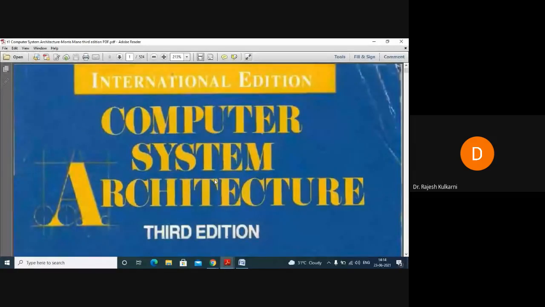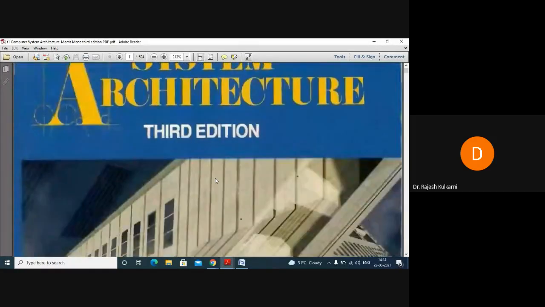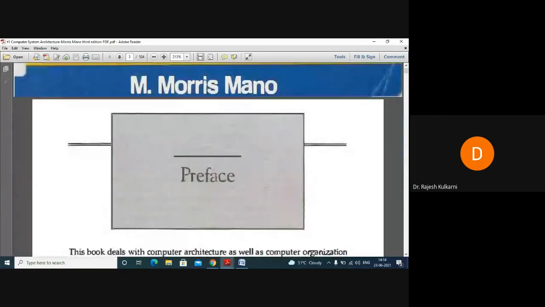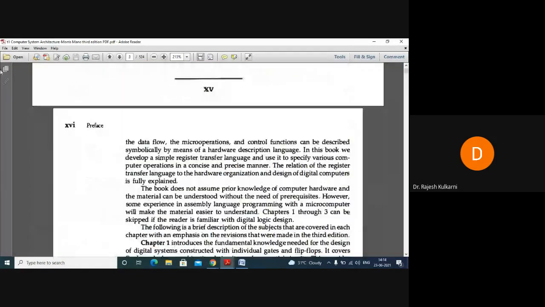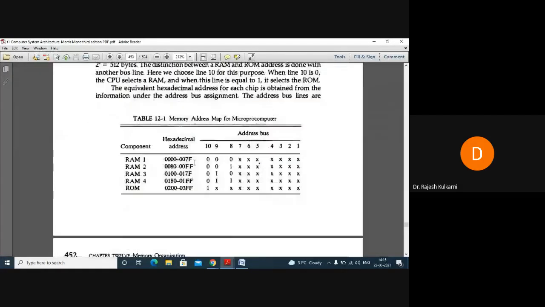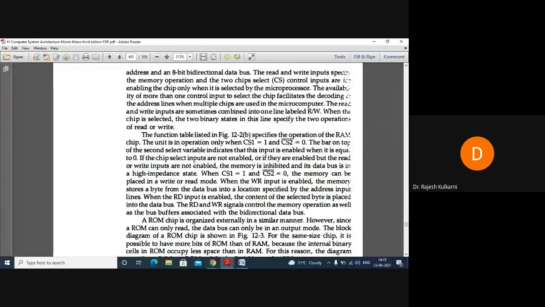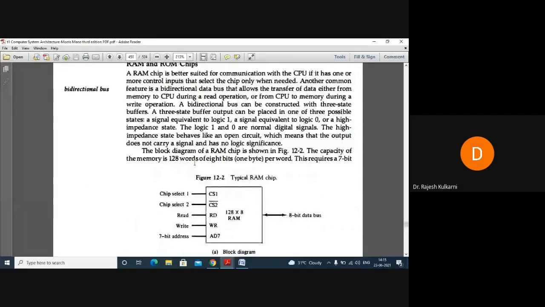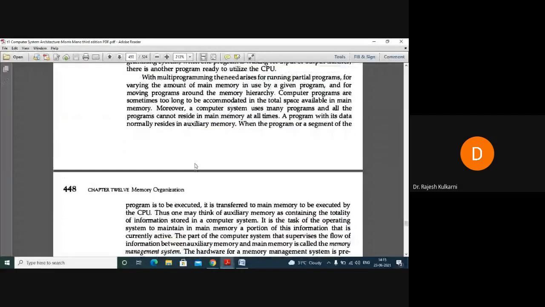I think we have to go to page 455, if I'm not wrong. We have to go before that. So this is our chapter, memory organization.